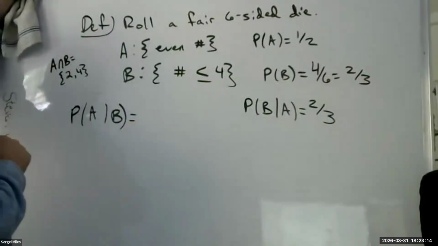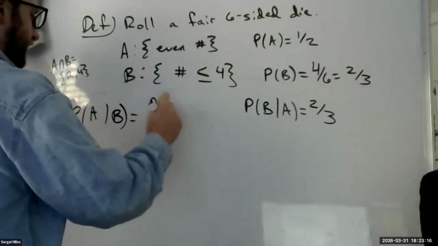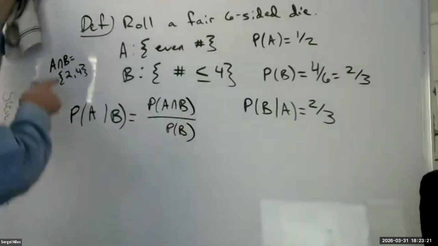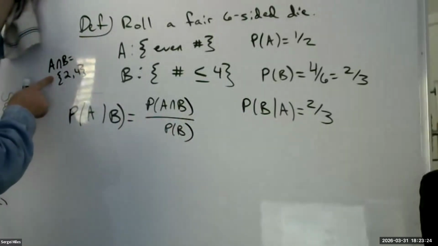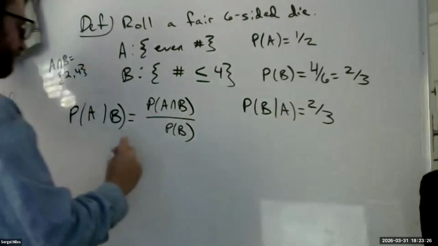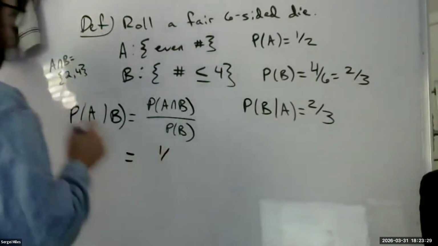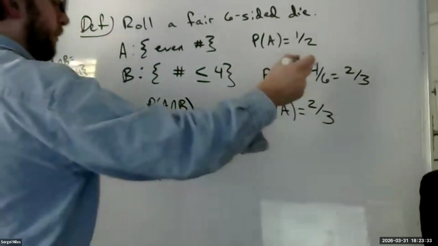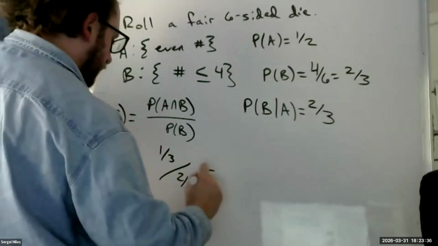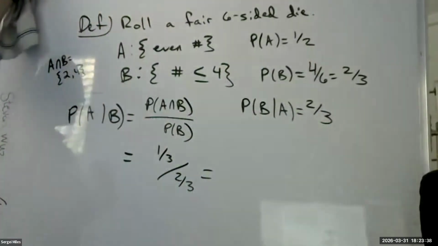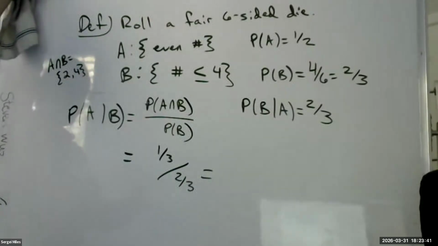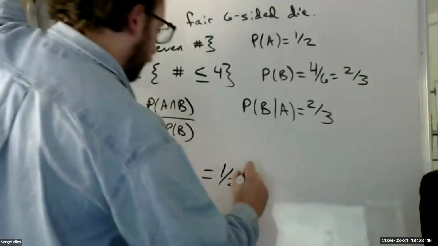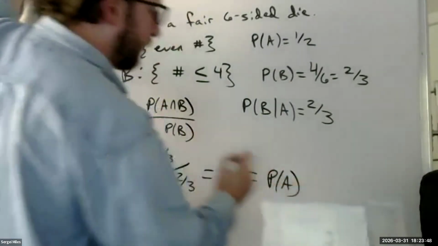Well, for our formula for conditional probability, this is the intersection divided by the probability of B. Well, the intersection, we already did that earlier. A intersect B is 2 and 4. This would be 2 out of 6, in other words, 1/3, divided by the probability of B, which is 2/3. But recall, dividing by a fraction means multiplying by the reciprocal. 1/3 times 3/2, and we get 1/2, which is still the same as the probability of A.